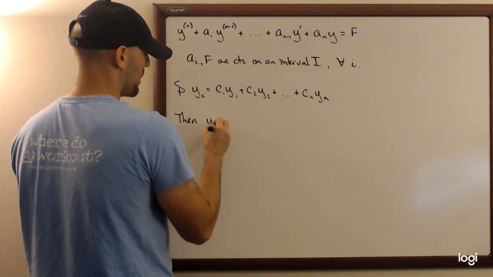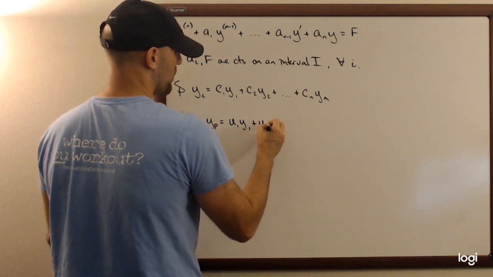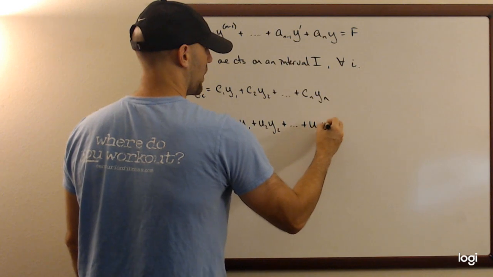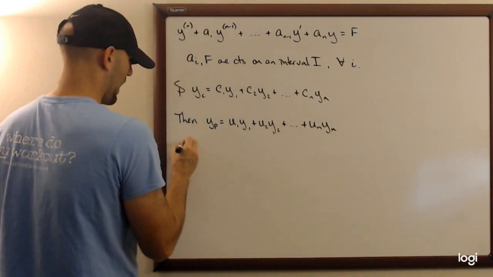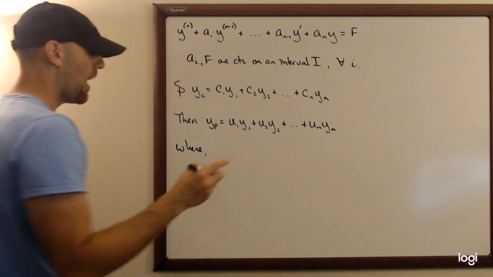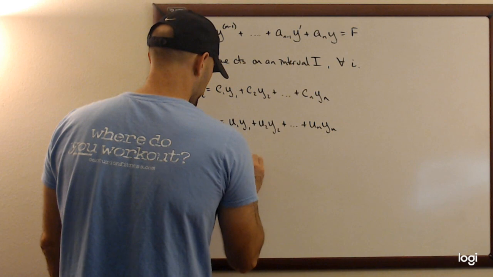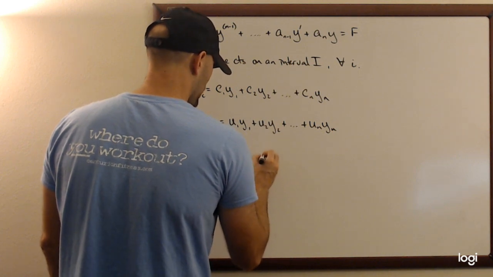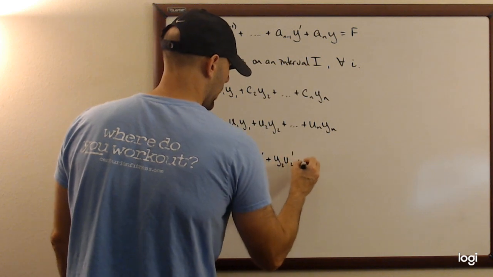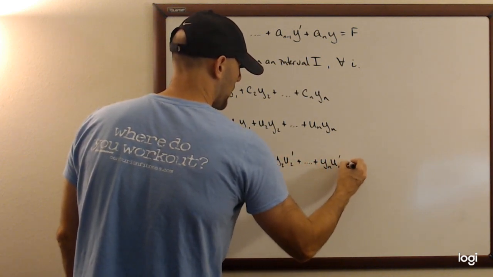Then y sub p equals u sub 1 y1 plus u sub 2 y2 plus blah, blah, blah, plus u sub n yn. So here's how I make my n by n system. The first equation is similar: y sub 1 u1 prime plus y sub 2 u2 prime, et cetera, plus y sub n un prime is equal to 0.